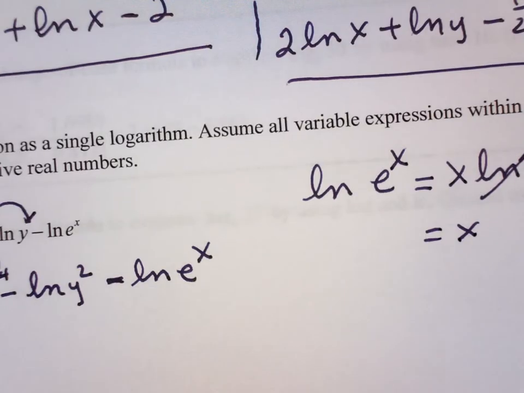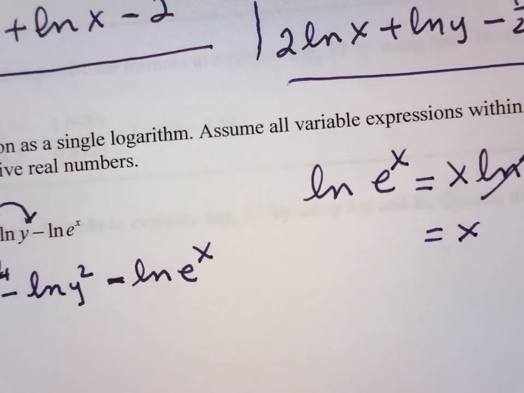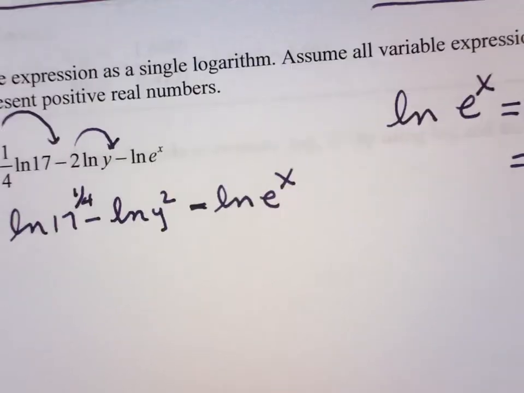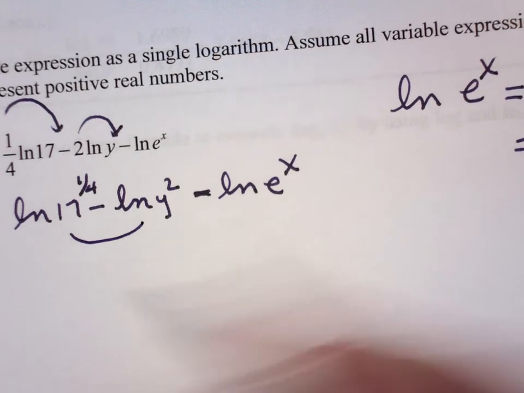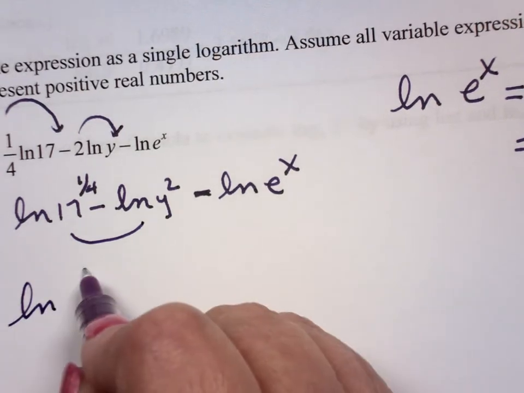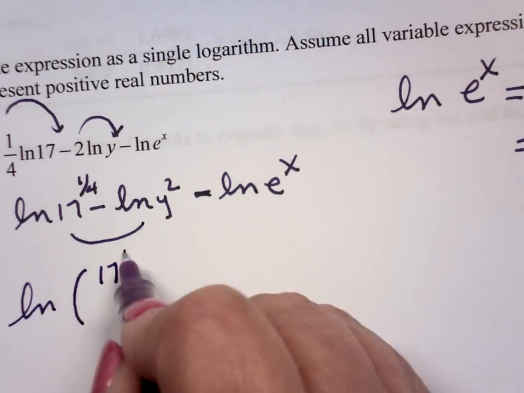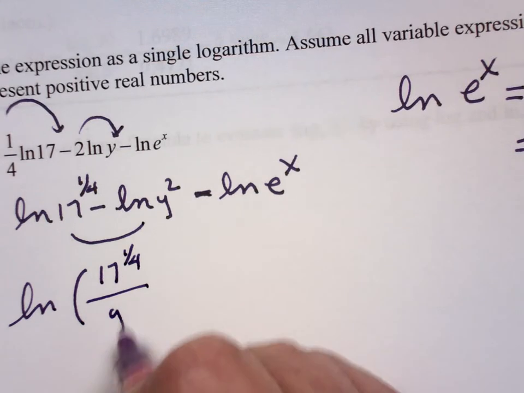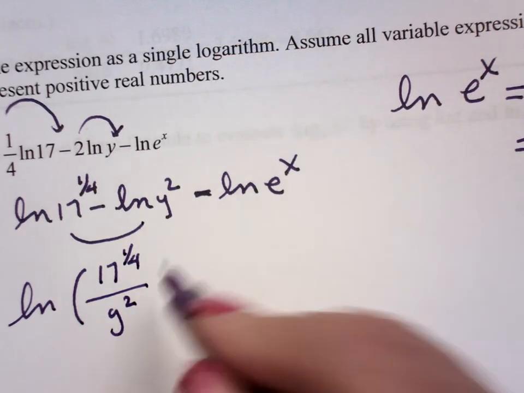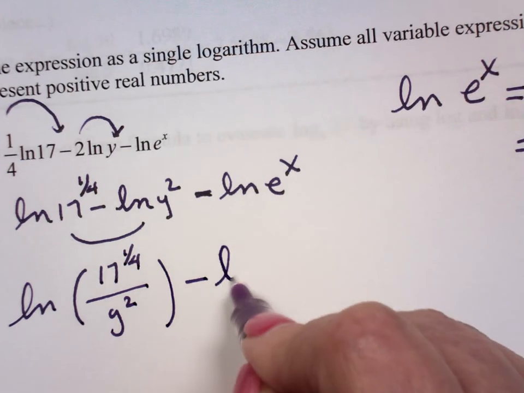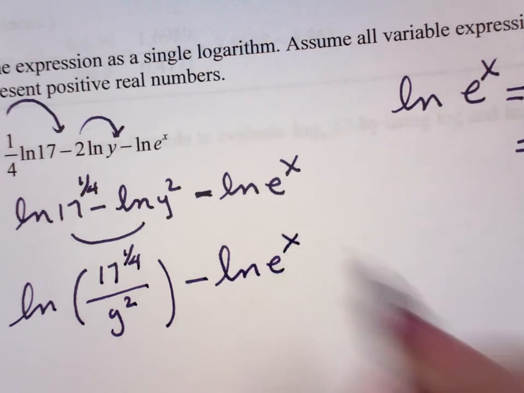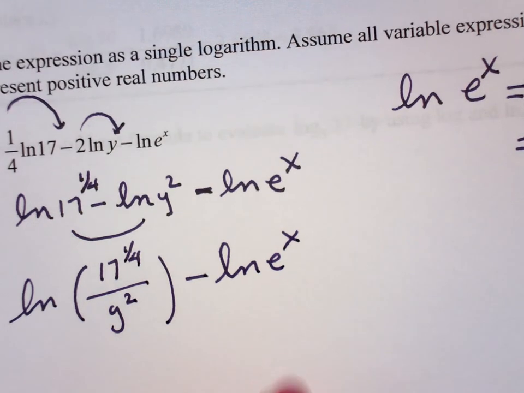However, do we necessarily see that all the time? No, we envision it. So what do these two turn into? Division, right? 17 to the 1/4 divided by y squared minus, this is what makes things ugly. Because if I don't see it, where does the e to the x go?